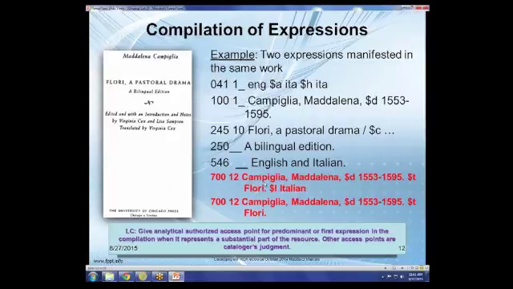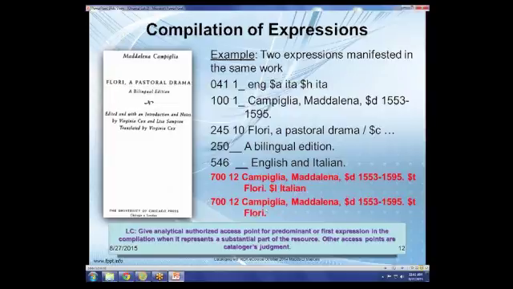Now, here again, we have an additional access point being created for our author, Maddalena Campiglia, I believe, and the title, and then subfield L Italian to indicate here that the work has been translated into Italian.